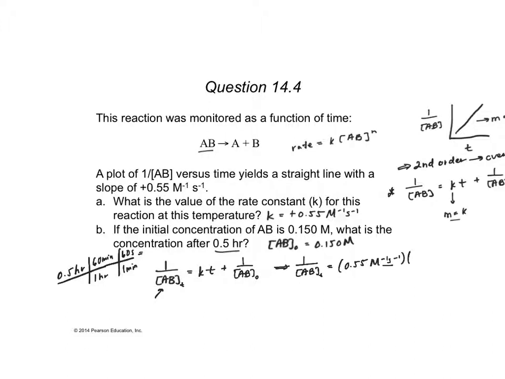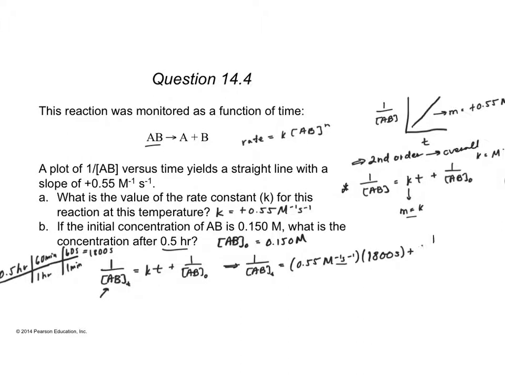So 60 times 60 times 0.5 ends up being 1,800 seconds. I'll plug that in, 1,800 seconds, plus now 1 over the initial concentration, which is 0.150 molar.